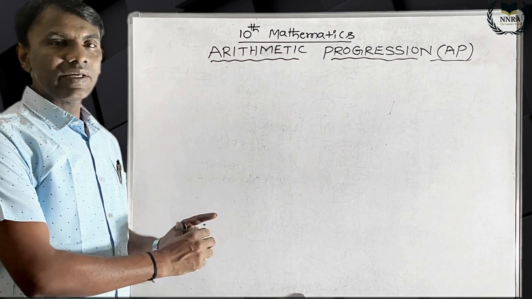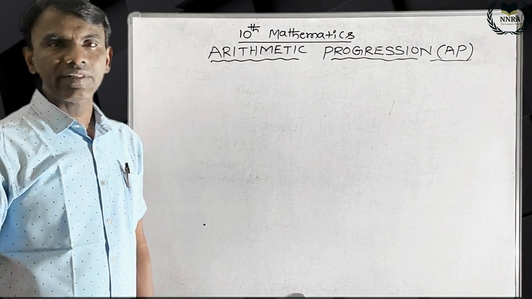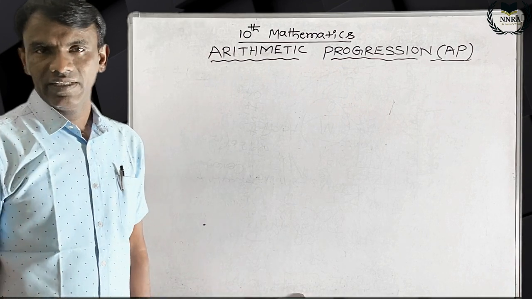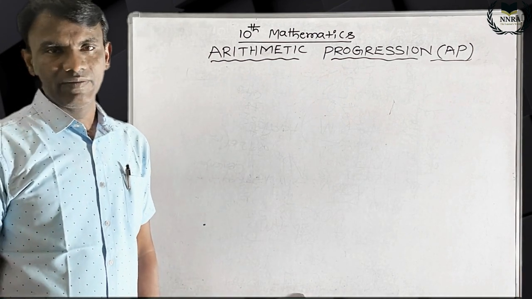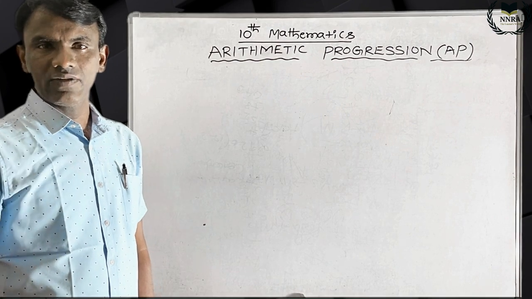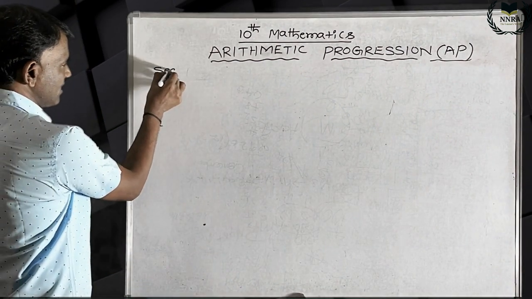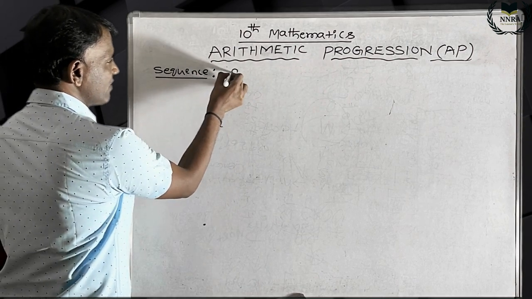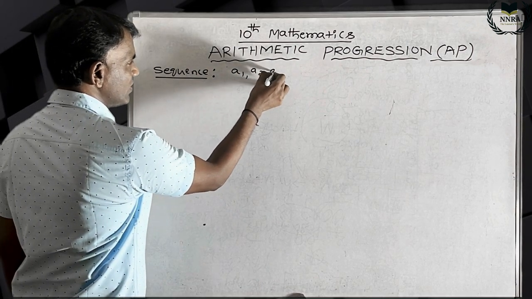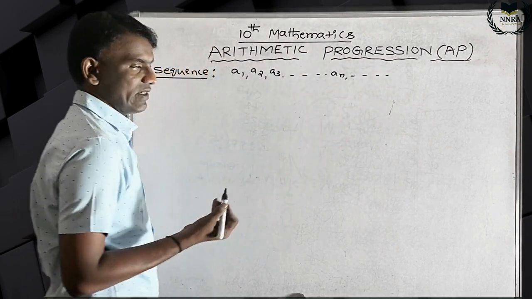So I will give an overview about this topic, this chapter, within 3 to 4 minutes. Okay, meaning the definitions and formulas. Which formula we have to apply for this? I will give all those formulas. The first one is sequence. Generally, a sequence is written as a1, a2, a3, and so on, an, and so on.